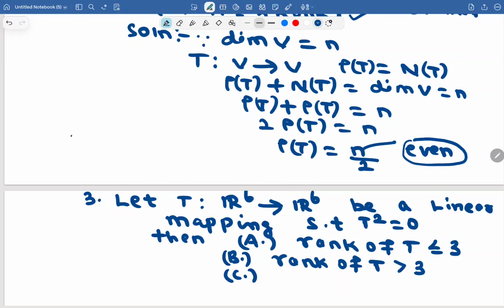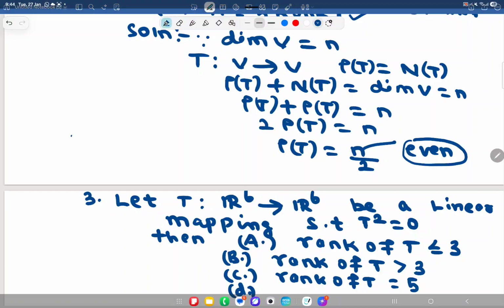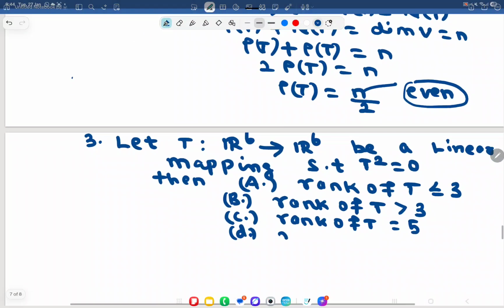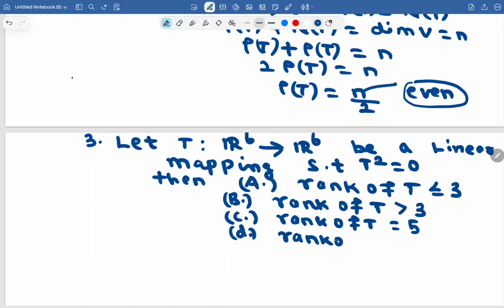Option C, rank of T equal to 5. Option D, rank of T equivalent to 6.